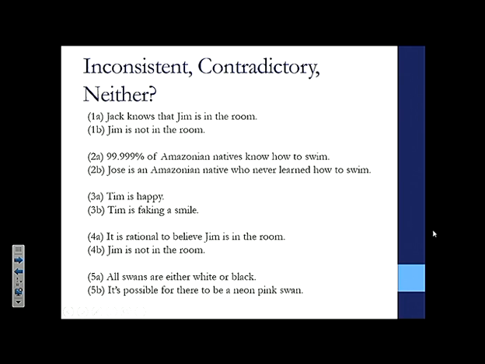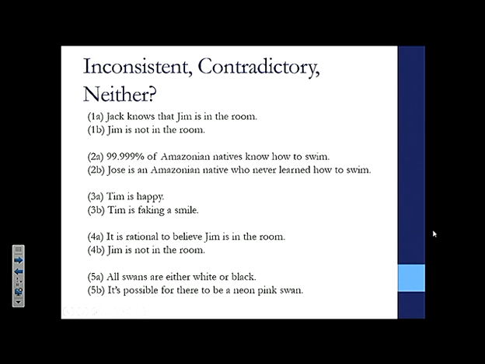I feel like you want to say these are inconsistent. Actually, here's a way of making them inconsistent. Maybe the thought is all swans are genetically either white or black. And maybe the thought is if something's genetically either one way or another, then there's no possible way to have that kind of thing and have it be some third way.